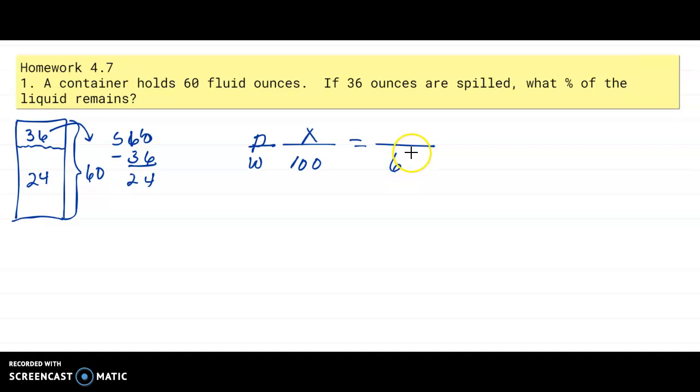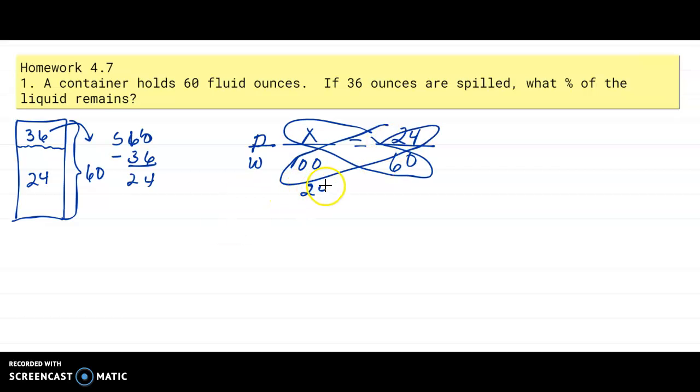I know when the can is full, the whole amount is 60, so 60 ounces is equivalent to 100%, and we want to know what our part is, 24. So there's 24 ounces still in the can. What percent is that equal to? So I'll solve by cross multiplication.